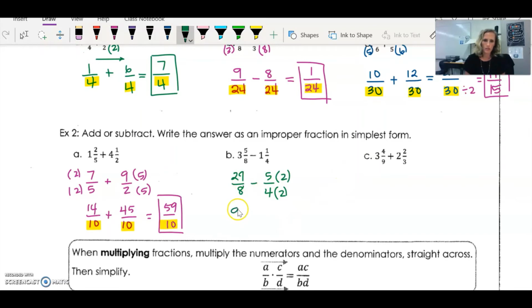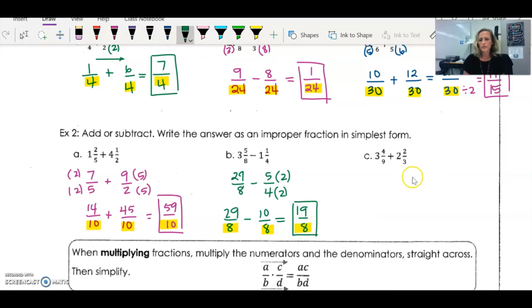So now I've got 29/8 minus 5 times 2 is 10/8. I've got my common denominator of 8. My answer is going to have that same common denominator. And then 29 minus 10 is 19. 19 is prime, so I know I can't divide to simplify these. And so that one's done.